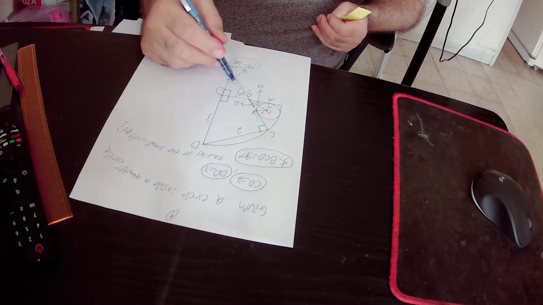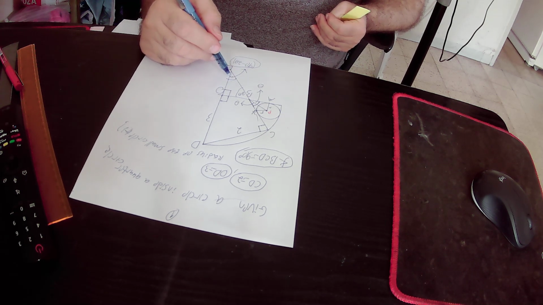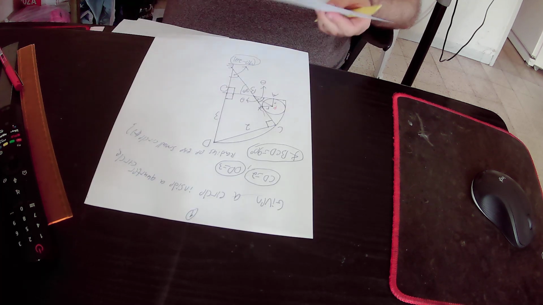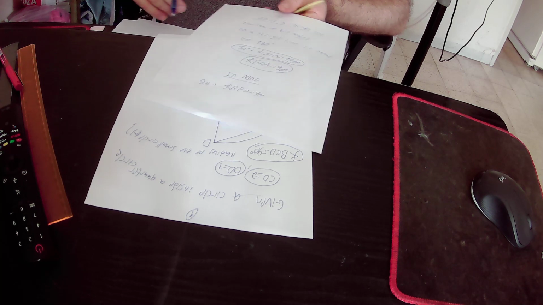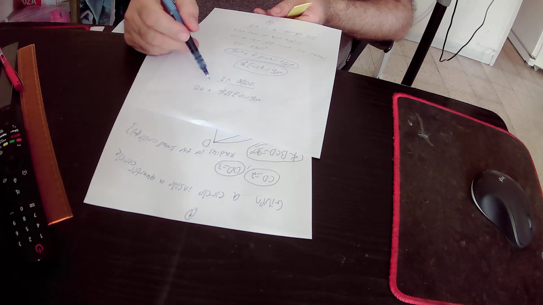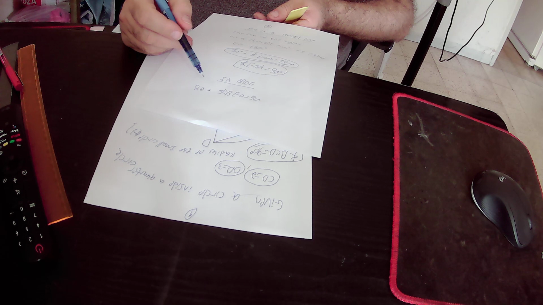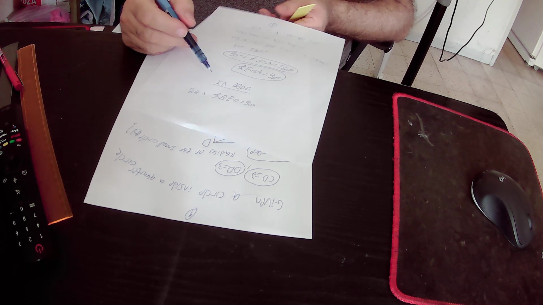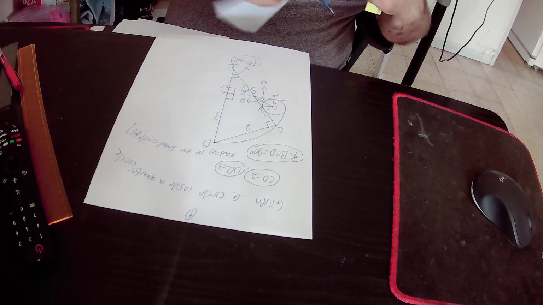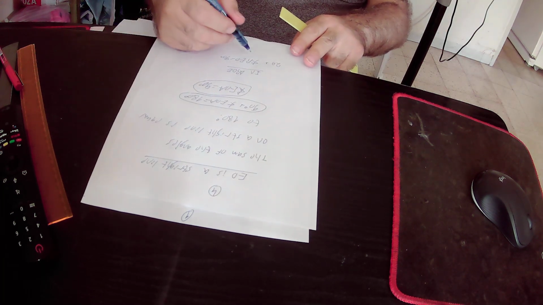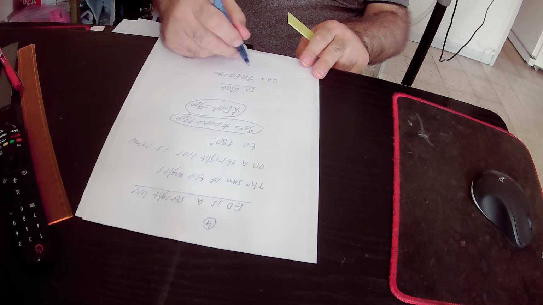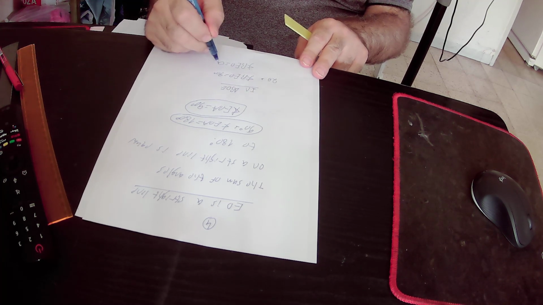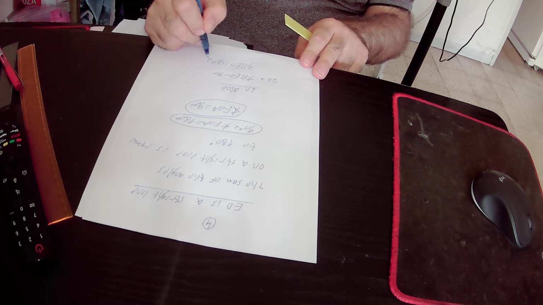So 2 theta plus angle BEO must be equal to 180 degrees minus 90 degrees, and if we subtract 2 theta from this equality, we get that angle BEO equals 90 degrees minus 2 theta.